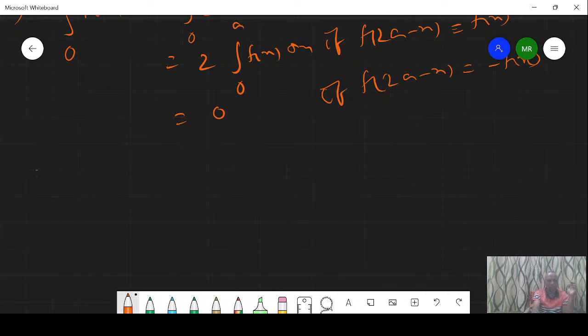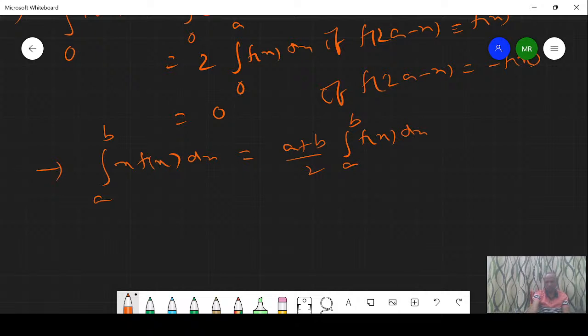Another one. This is one of the property, just you remember this. Next I can also discuss now integral a to b. This is one of the important, you can write x into f of x dx. Suppose the problem is like this, a to b, x into f of x dx. When the problem is like this, answer directly I can write a plus b by 2, always a plus b by 2, a to b f of x dx. A to b x f of x dx always equal to a plus b by 2, a to b f of x dx.